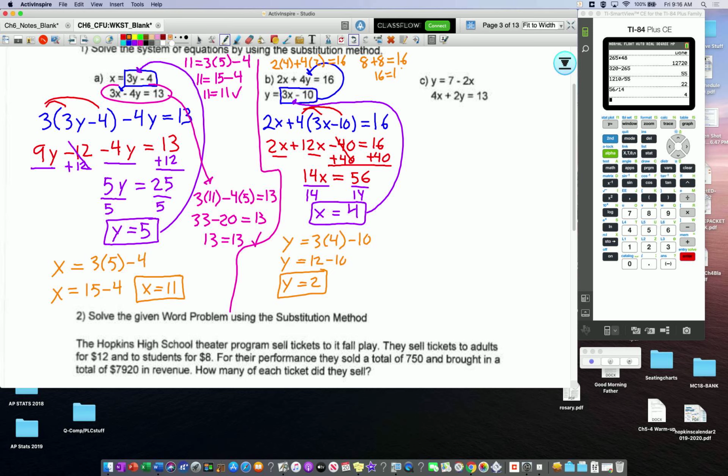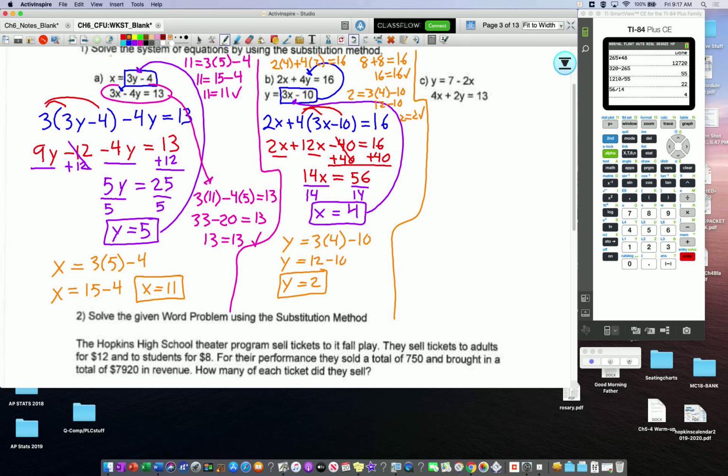Sure it does. Checks off. Check the other one. Remember, y was 2. So 2 equals 3 times 4 minus 10. Well, 12 minus 10, that is 2. That also checks off. So I got the right answer for that one.